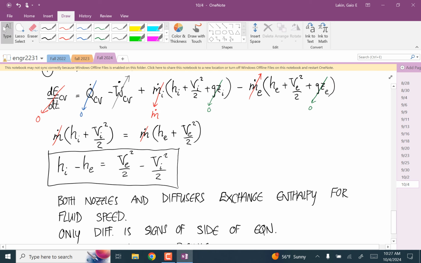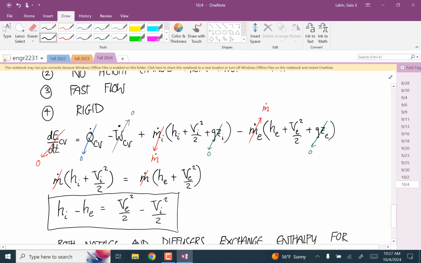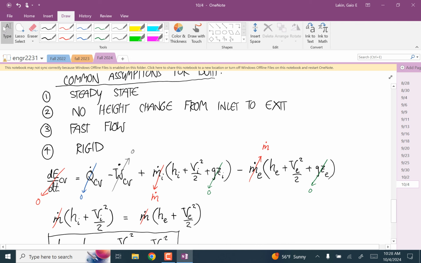And so you'll get problems that mention nozzles and diffusers, but they'll throw little wrinkles at you, like maybe this one has some change in height that you'd have to consider, or there is some heat exchange. You just have to go through that equation and cancel the right things and not cancel the things that don't cancel.